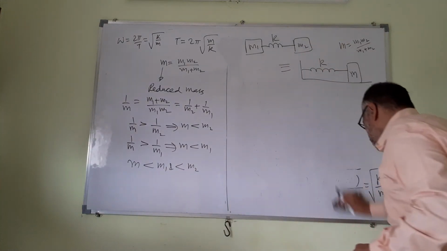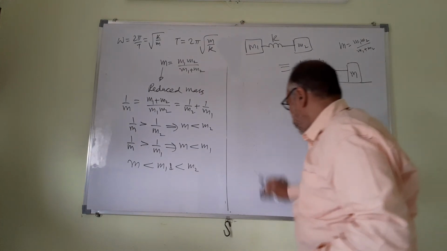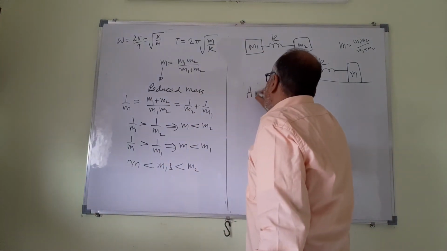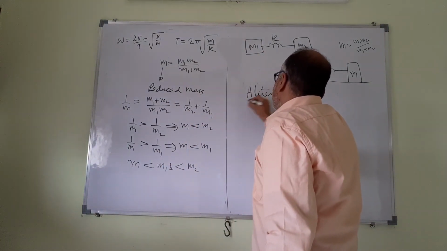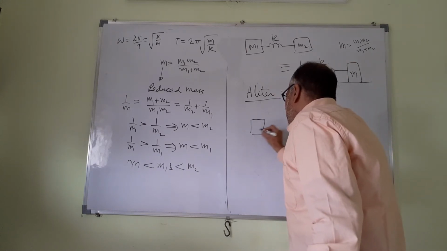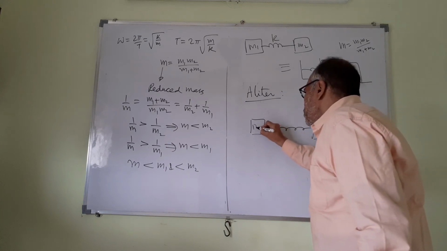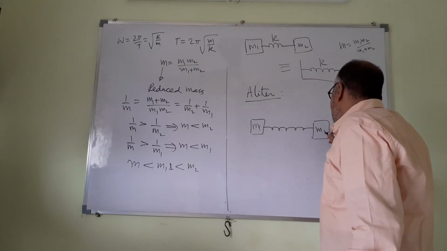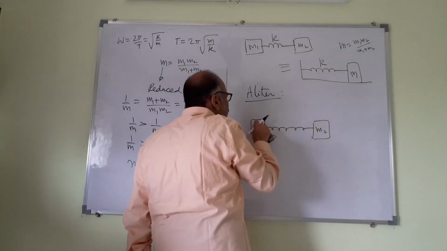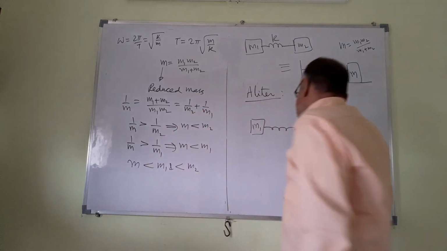There is another approach you can take to do this problem. See, this is an oscillator, we are giving you an alternate method. Supposing you have the spring mass system M1 and M2. Well, we said that the center of mass doesn't move. The center of mass is at rest.